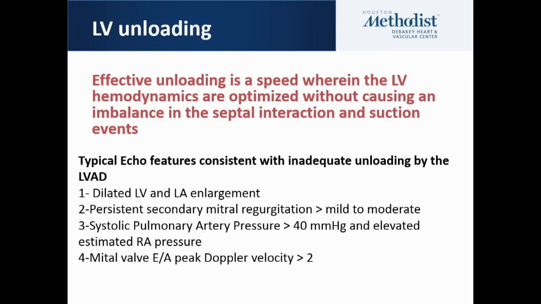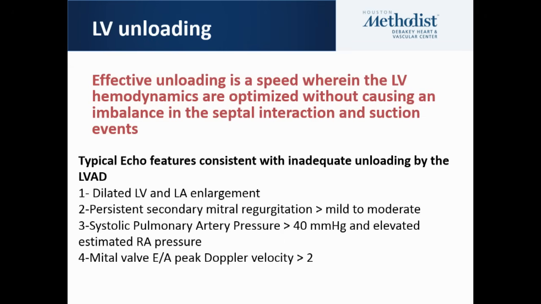You're not flooding the RV, you're reducing the afterload, but at the same time, the septal interaction remains okay and there are no suction events. I didn't appreciate the septal interaction as much as now that I've seen acute RV failure, and I have an echo about that. Keeping the septum midline plays an important role also.